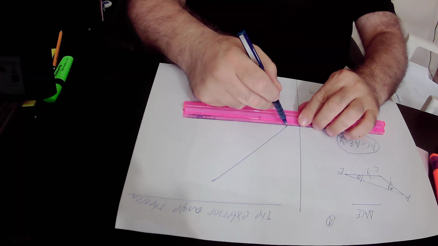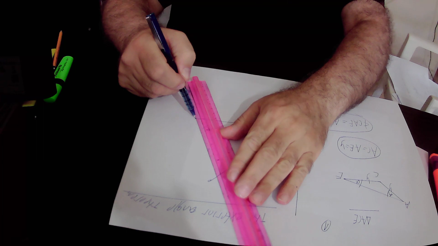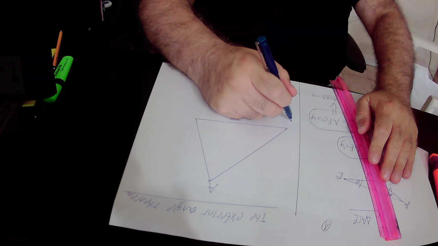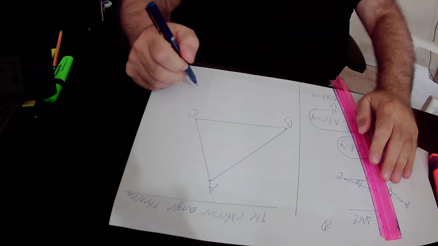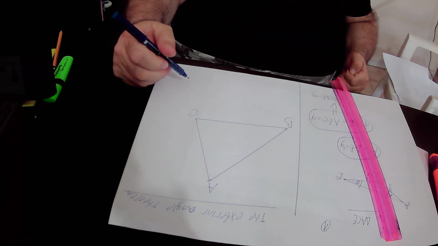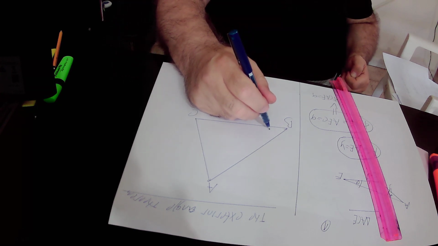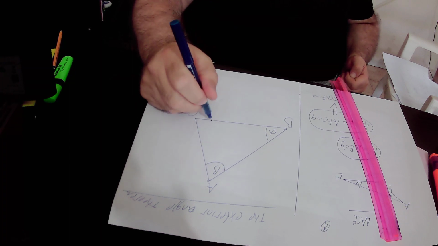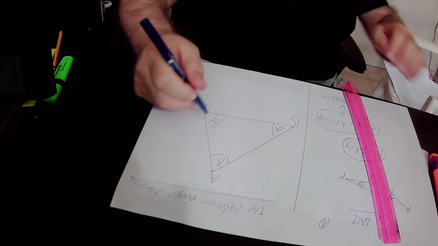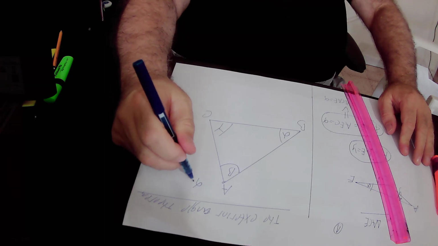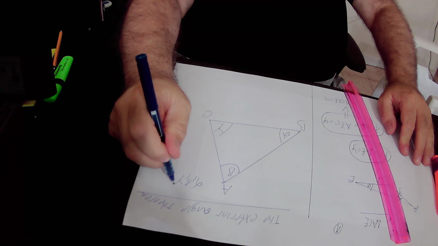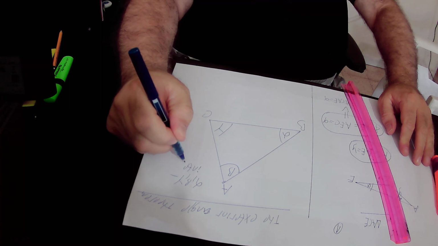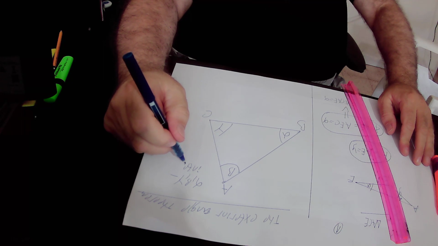This is triangle ABC. And here we have, this is angle alpha, this is angle beta, and this is angle gamma. Actually, angles alpha, beta, and gamma are all defined as interior angles of triangle ABC. Why? Because they are located inside triangle ABC. They are the interior angles.